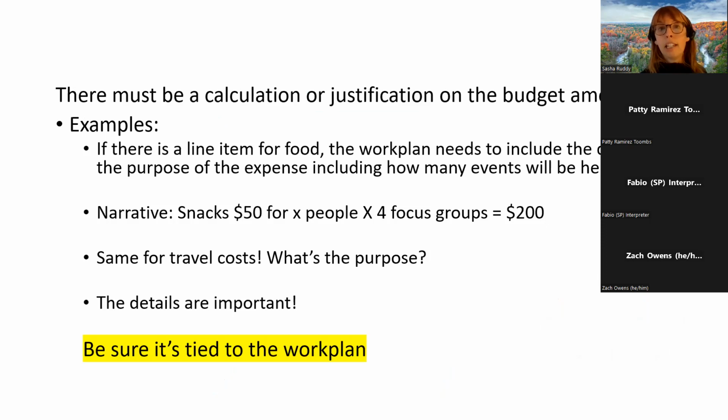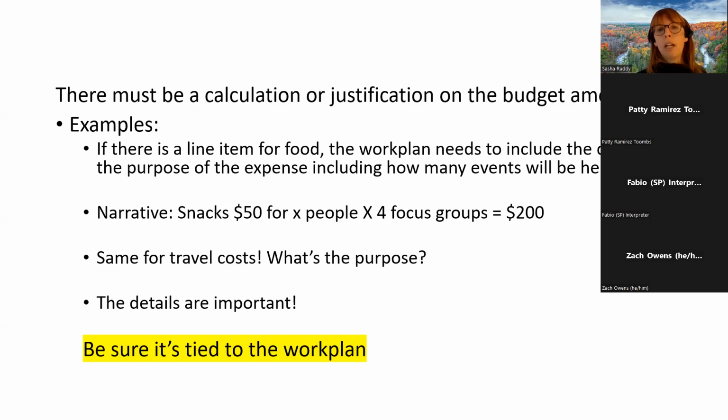So what does that look like? We're going to work through some examples as we go along, but there must be a calculation or a justification on the budget amount. For example, if there's a line item for food, the work plan needs to talk about that. It needs to include the purpose of the expense, including how many events there are going to be.